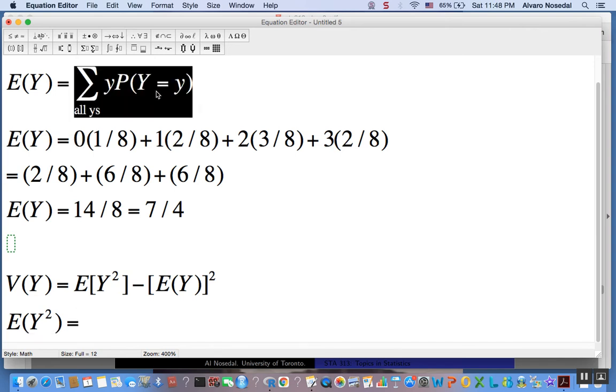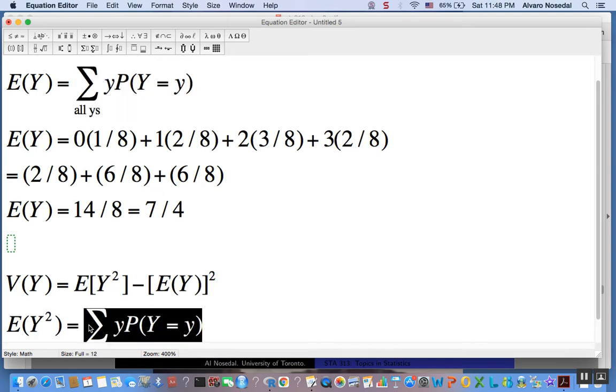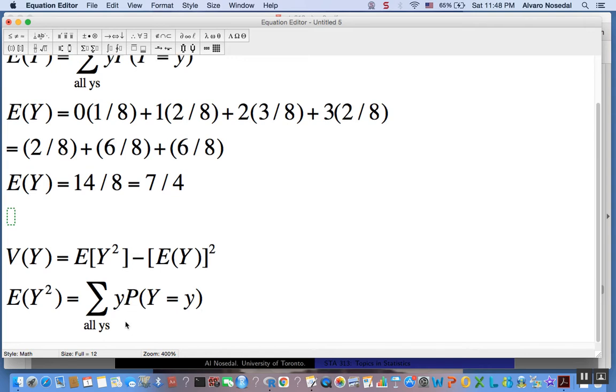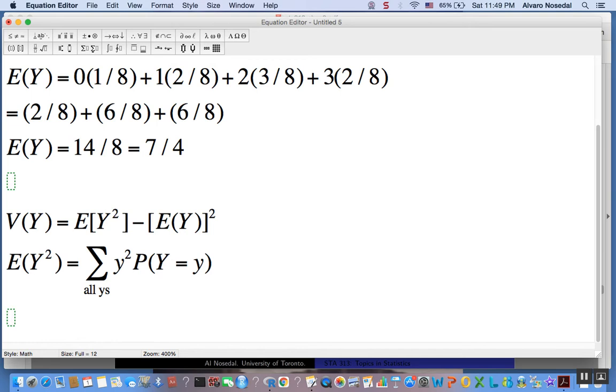Let me write down the formula. It looks almost like the definition for the expected value of y, but what we're going to change is this: instead of a y, we're going to have a y squared. Now let's find it for our particular case.